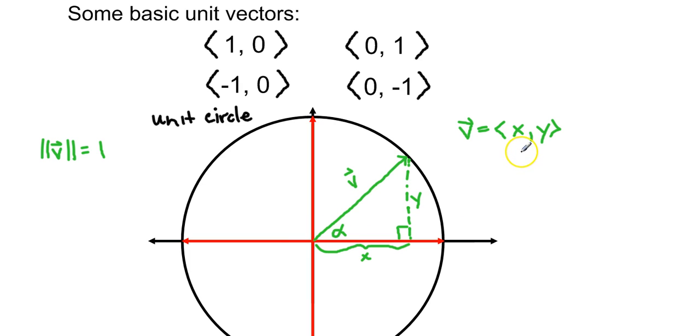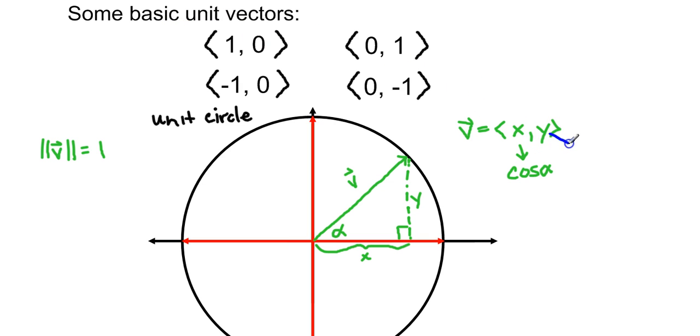So I can actually write this x component as the cosine of alpha. Why can I do that? Again, because it is the adjacent side compared to the hypotenuse, and therefore the cosine of alpha is going to be an equivalent expression. Similarly, I want to look at the y component of this particular thing.